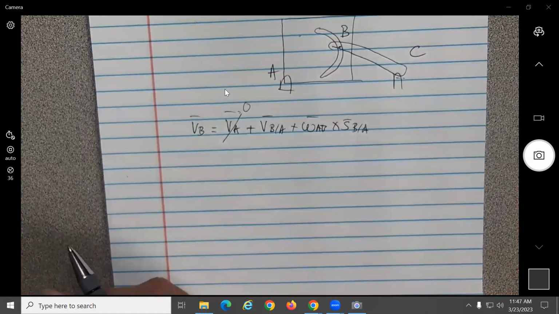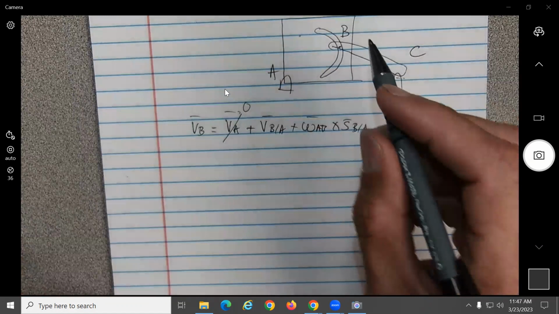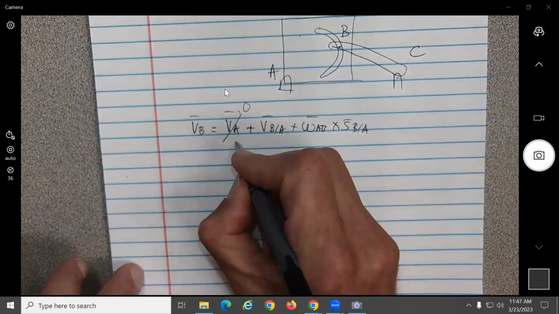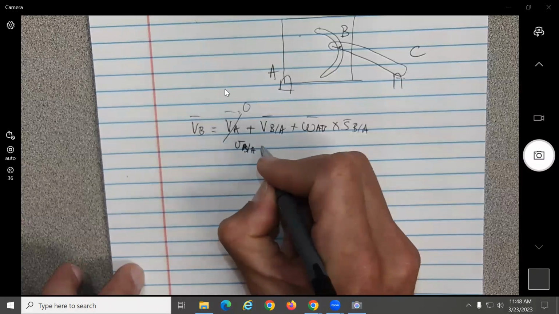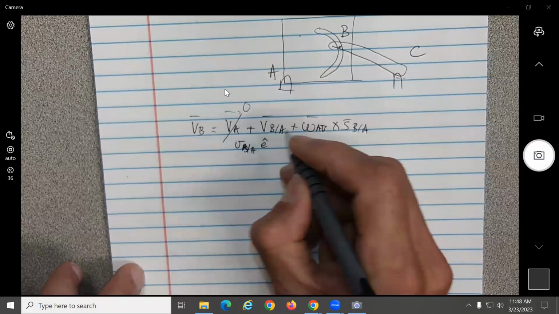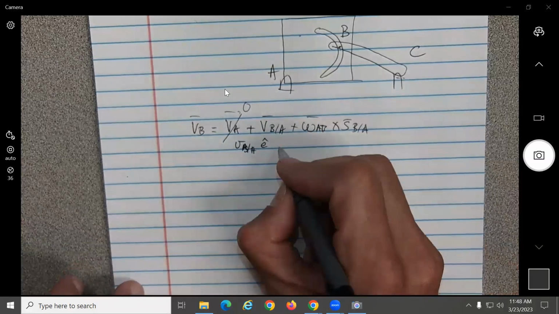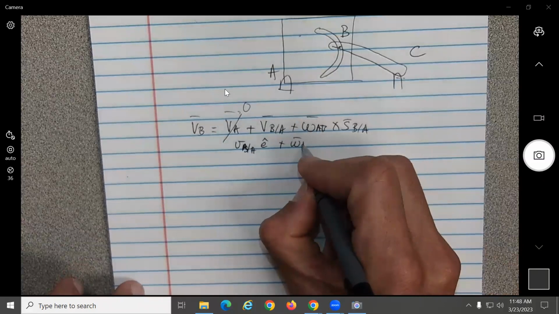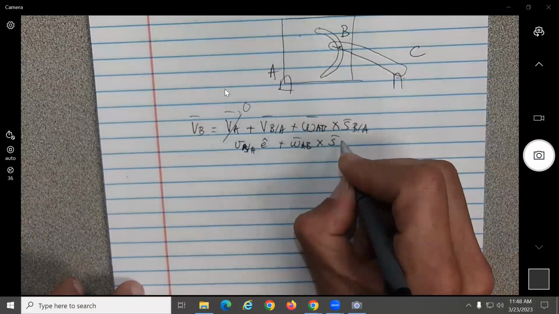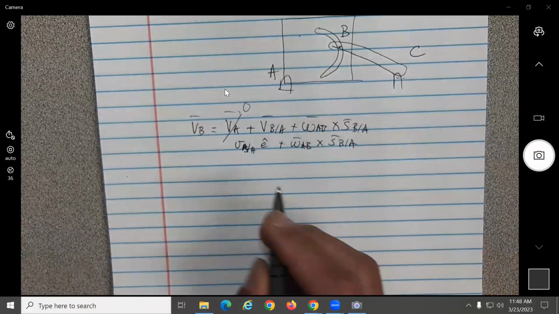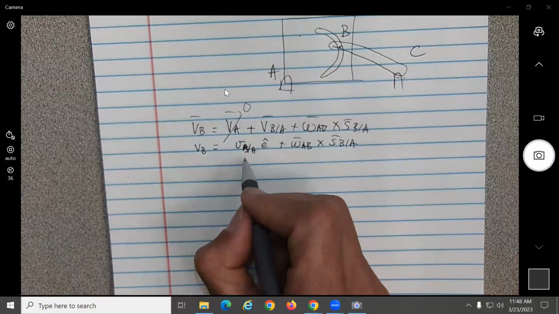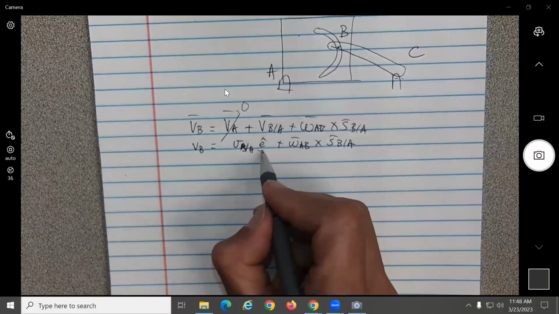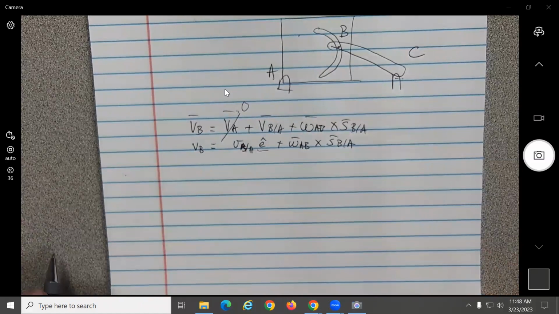What would be the velocity of B with respect to A? A magnitude times some direction, times E. The velocity of B with respect to A will be unknown, but what will be E? Just down, negative.